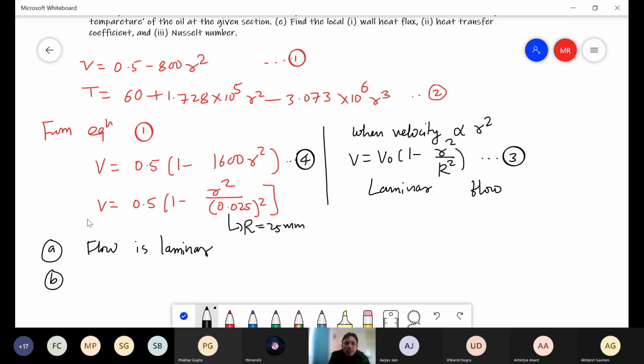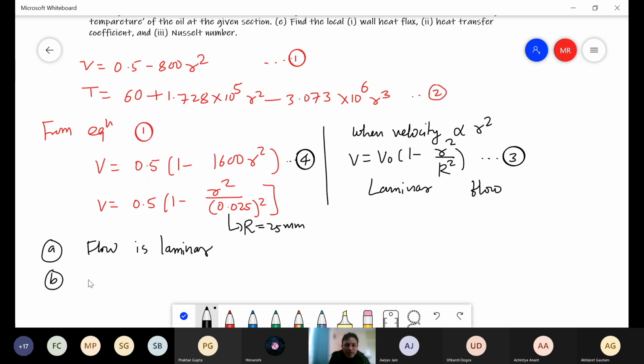So you can calculate the value of T at R equals 0 and at R equals capital R, isn't it? If T at R equals capital R is higher than at R equals 0, clearly the oil is being heated, isn't it? Yes or no?